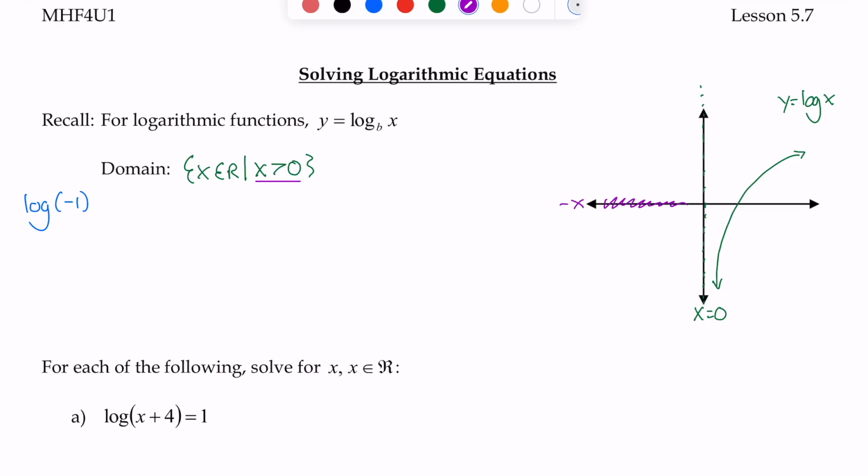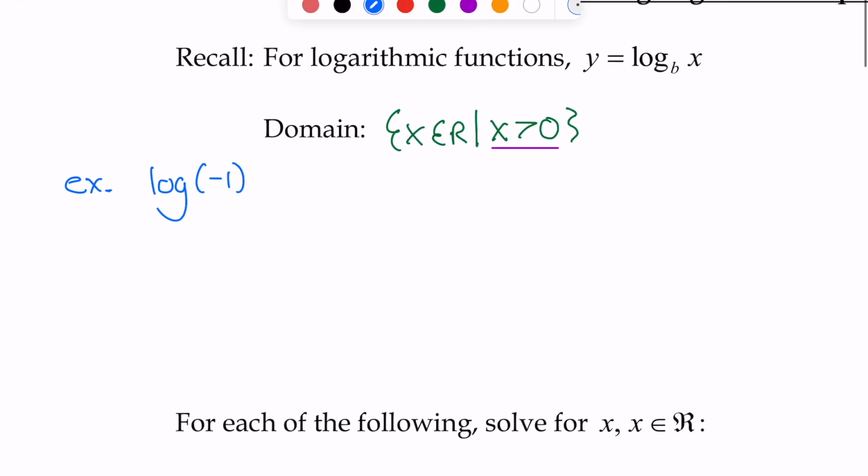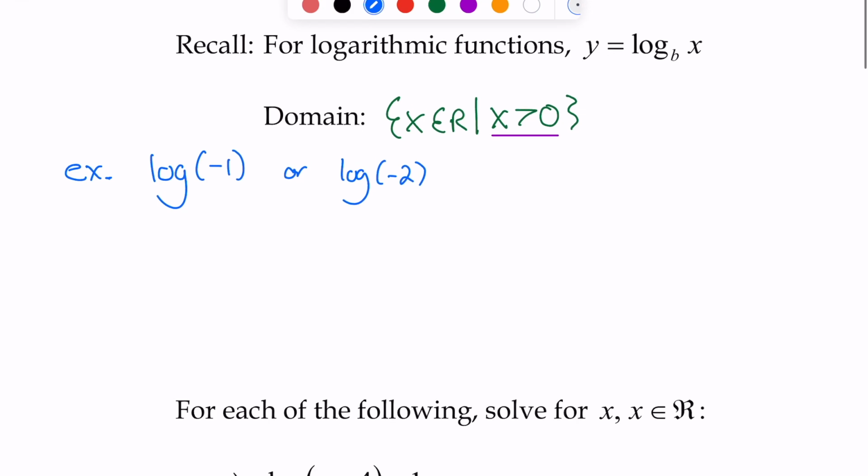None of these numbers that exist on this side of the graph are valid to plug into this x here. But why? Why do we say that it needs to be bigger than 0? Why is it that I cannot take the log of -1 or the log of any negative number, like -2? Well, think about it in terms of exponentials.